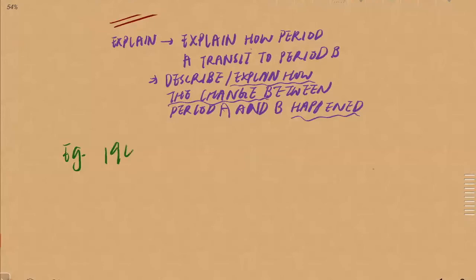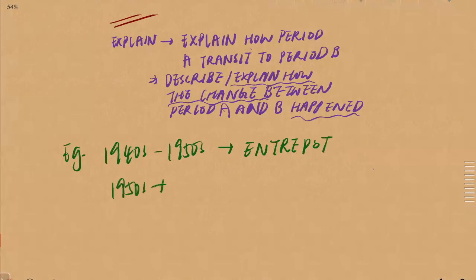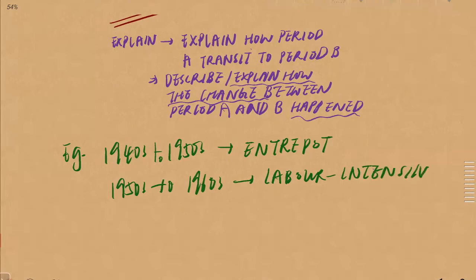So for example, from the 1940s to the 1950s, Hong Kong was focused on entrepôt trade after the Second World War. However, in the 1950s to 1960s, as we have mentioned before, it turned to focus on labor-intensive industries.